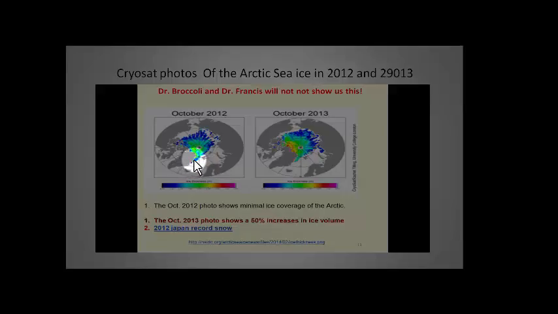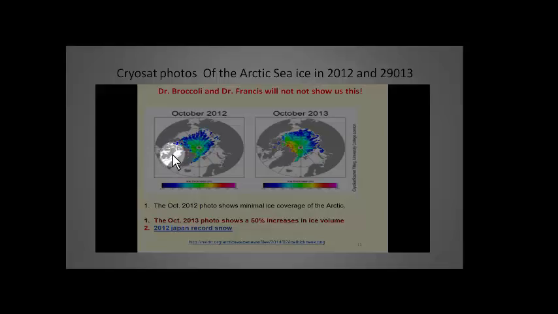The reason Professors Broccoli and Francis showed 2012 data in 2015 is that the 2013 Arctic ice photos showed a dramatic 50% increase in Arctic ice in 1 year.